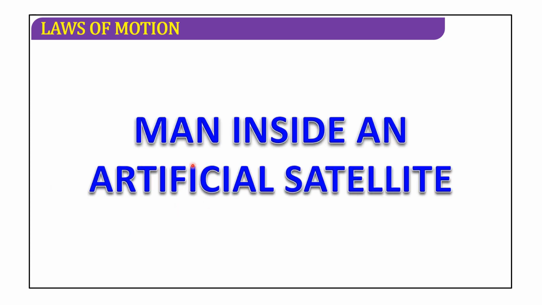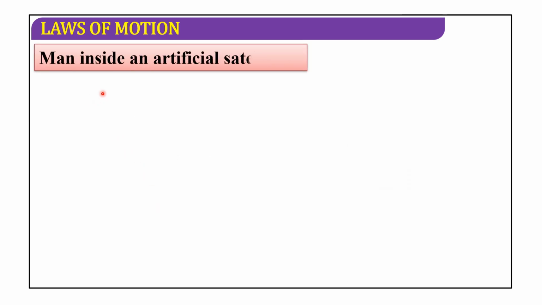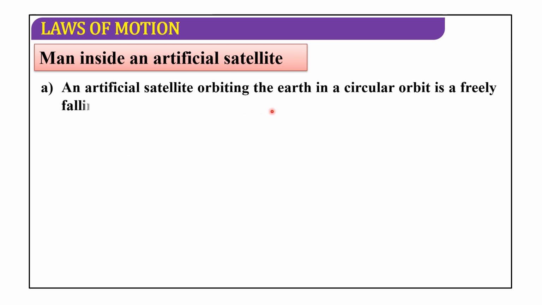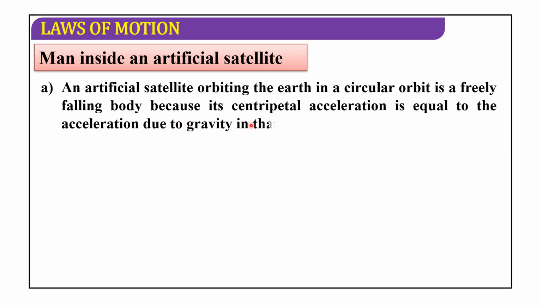Now discuss a man inside an artificial satellite. An artificial satellite orbiting the earth in a circular orbit is a freely falling body because its centripetal acceleration is equal to the acceleration due to gravity in that orbit.